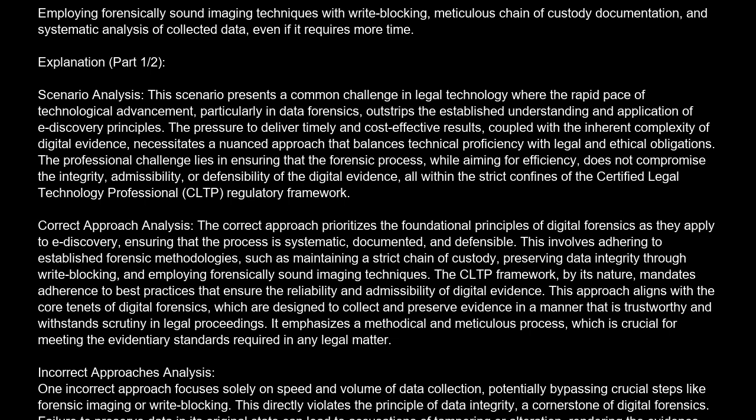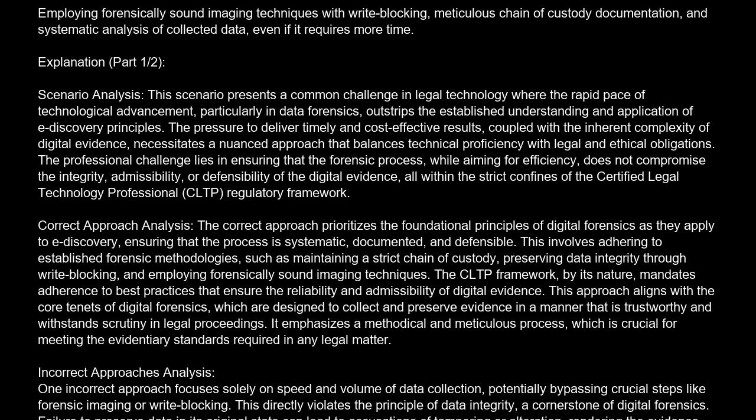Explanation. Scenario analysis. This scenario presents a common challenge in legal technology where the rapid pace of technological advancement, particularly in data forensics, outstrips the established understanding and application of e-discovery principles. The pressure to deliver timely and cost-effective results, coupled with the inherent complexity of digital evidence, necessitates a nuanced approach that balances technical proficiency with legal and ethical obligations.